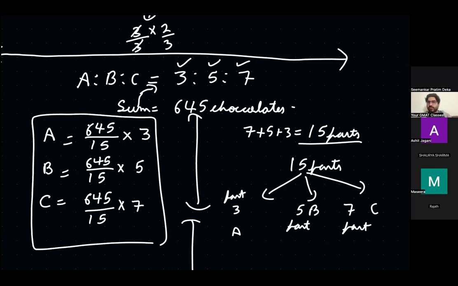Yes or no, class? 645 by 15 is now 43. So 43 times 3 will be 129. 43 times 5 will be 215. And 43 times 7 will be 215 plus 86, that will be 301. So you will get A's share, B's share, and C's share as 129, 215, and 301. Is this clear to everyone, class?